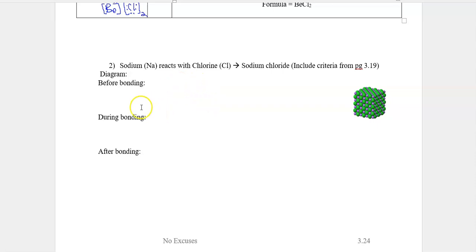All right, sodium with chlorine. So let's draw it first. I actually found a tablet. I think it's only going to slightly help my penmanship, but let's see what happens. So sodium is Na, chlorine is Cl. Sodium only has 1 valence electron, whereas chlorine has 7. So that would be the before bonding.